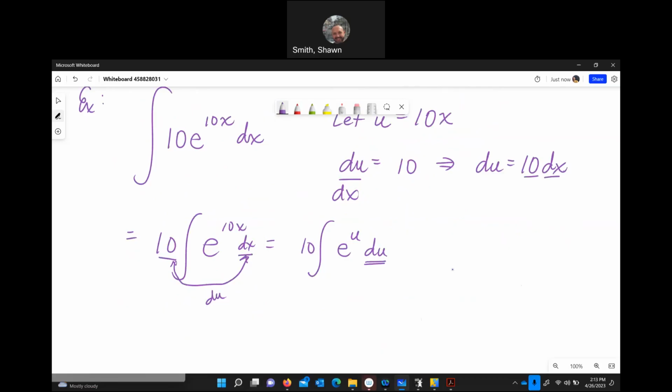And e to the u is right there. So what's the antiderivative of e to the u? You still have a 10 in front. The 10 is still there. Anything that is a constant or coefficient can come right in front of the integral, or you can leave it inside it, it doesn't matter. Oh, wait. Yes. Maybe I shouldn't have taken it out, huh? There we go.